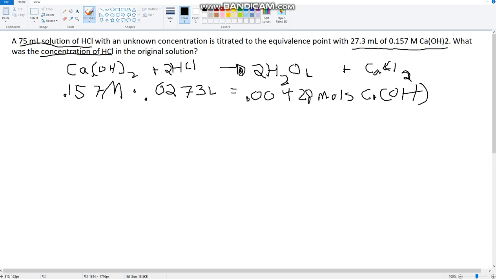From these moles, we're going to use the conversion factor. Like I said before, for every calcium hydroxide, we have 2 hydrogen chlorides. So we use the given moles here, 0.00428 times 1 calcium hydroxide over 2 hydrogen chlorides.